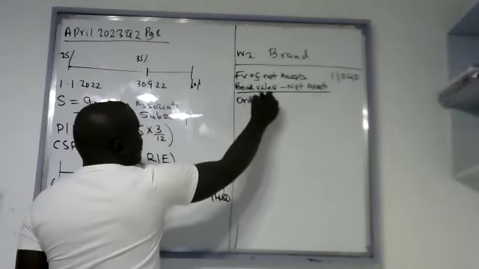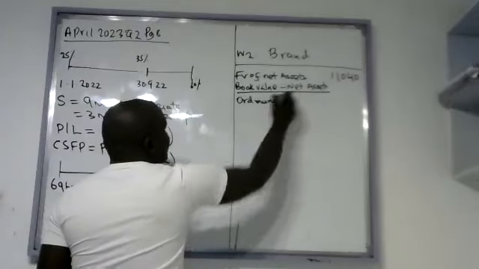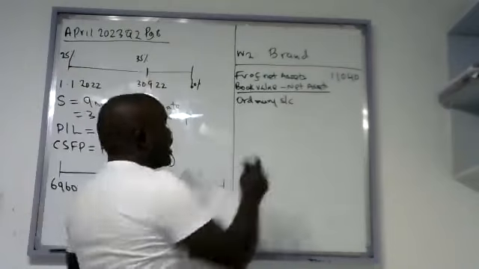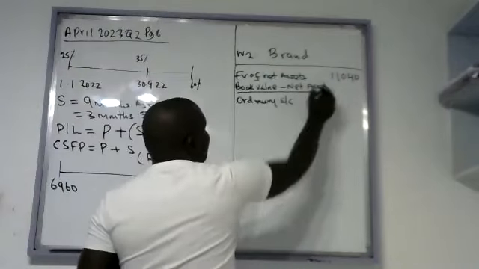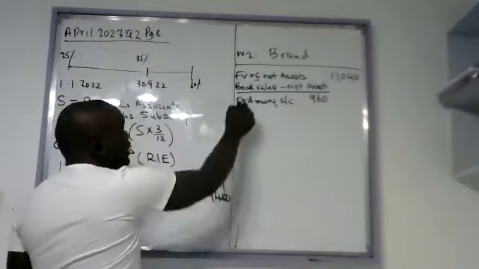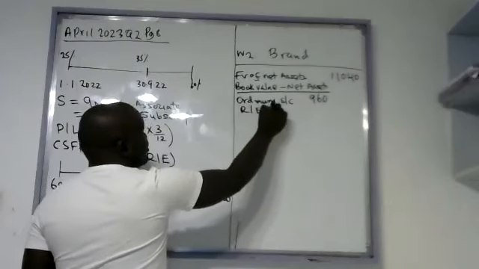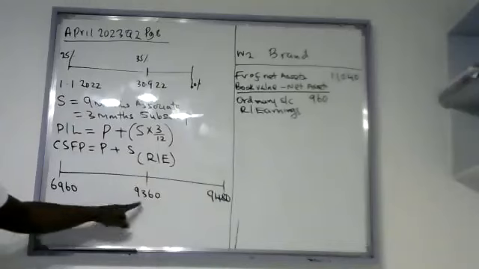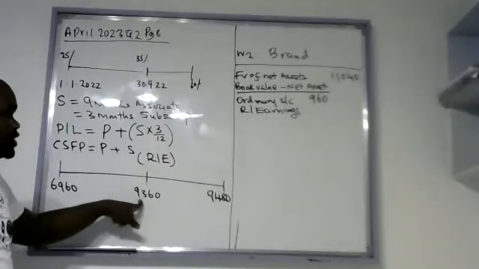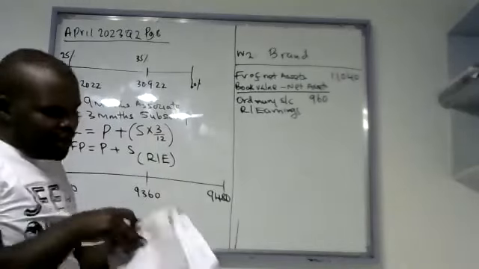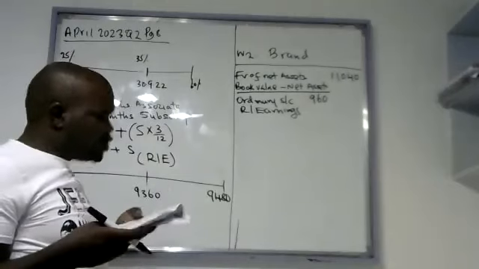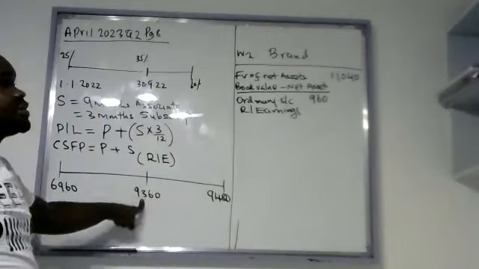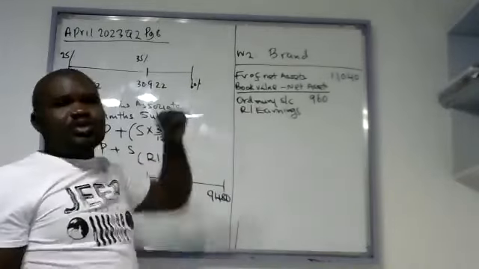Ordinary share capital of the subsidiary is 960. Retained earnings on the date of acquisition is 9360, provided in note number 3. Shares don't change.